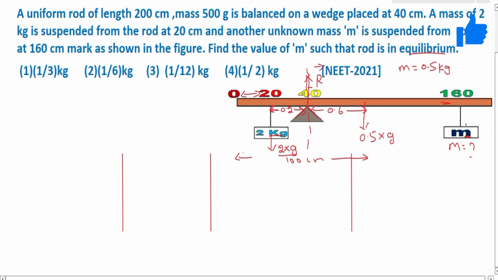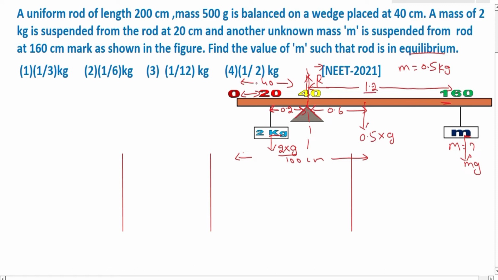Next, the weight of this mass, mg, will act downwards like this, at a distance of 1.2 meters from my axis. The reason is this entire distance is 160 centimeters, out of which this distance is 40 centimeters, then this distance will be 120 centimeters, that is 1.2 meters.